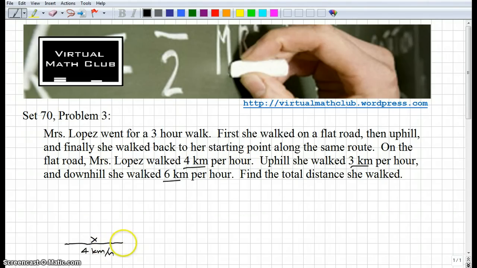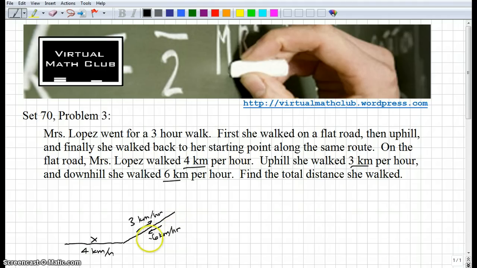And then she walks uphill. Here's our uphill portion, and uphill she walks at 3 kilometers per hour. Then she gets to the top of the hill, and she turns around and comes back down the hill, walking at 6 kilometers per hour.